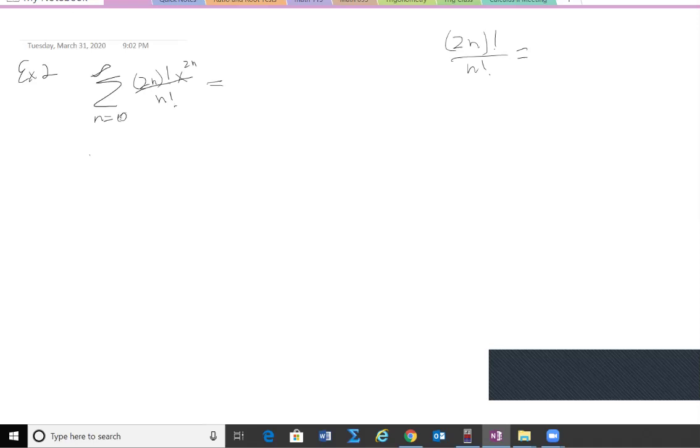So again, let's set this up here. We're going to find this limit. In this case, we do have to be careful about this. It's 2 times n plus 1, and then that whole thing is factorial. So you got to be careful with that. x to the 2n, again, plus a 1.